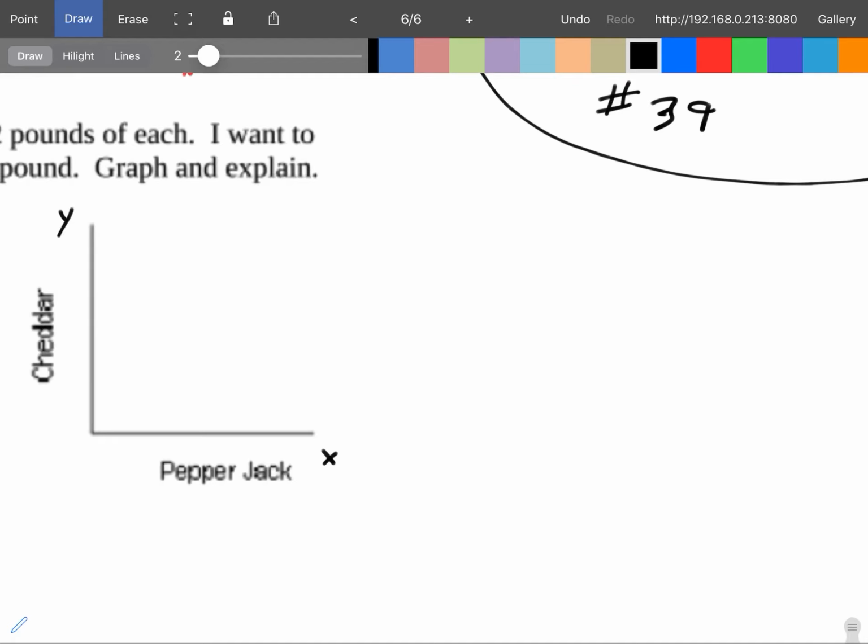So again, this was our x-axis. This was our y-axis. And let's go 1, 2, 3, 4, 5, 6, 7, 8, 9, 10. And here we'll go 1, 2, 3, 4, 5, 6, 7, 8, 9.